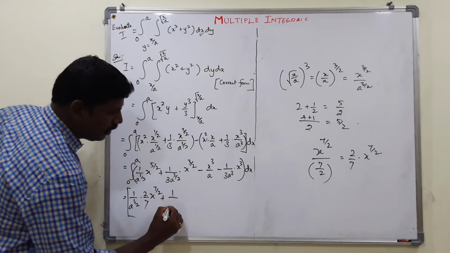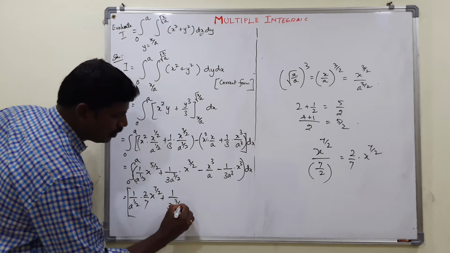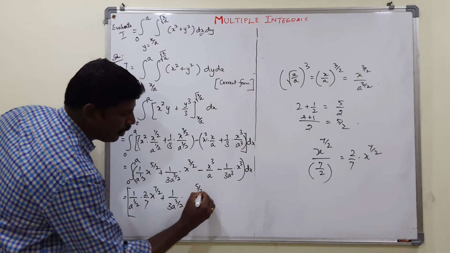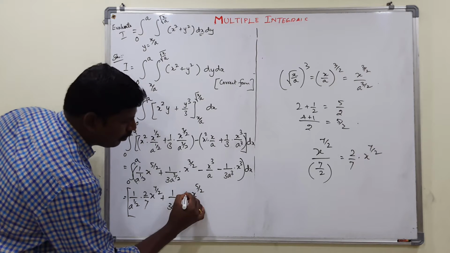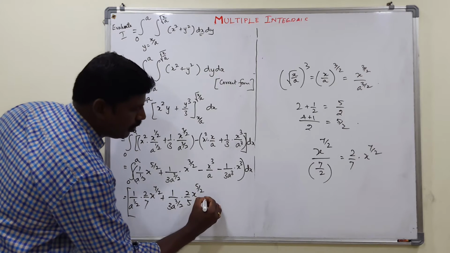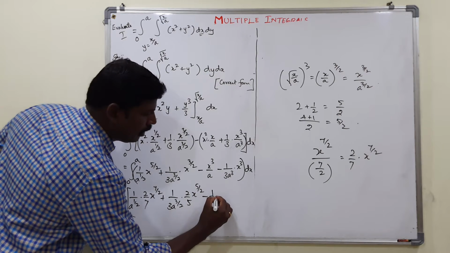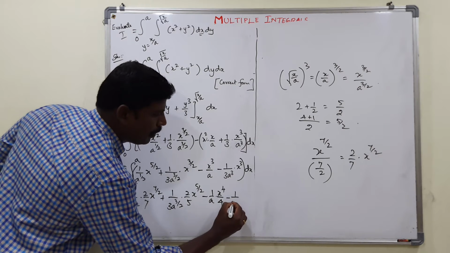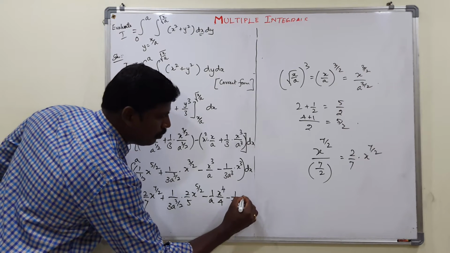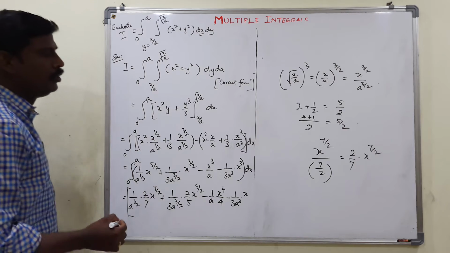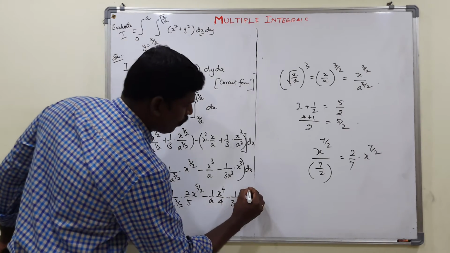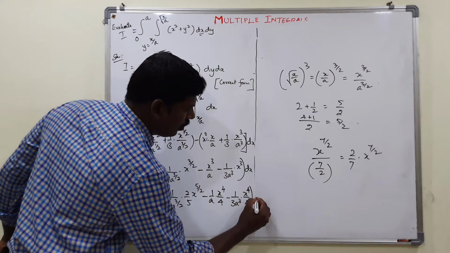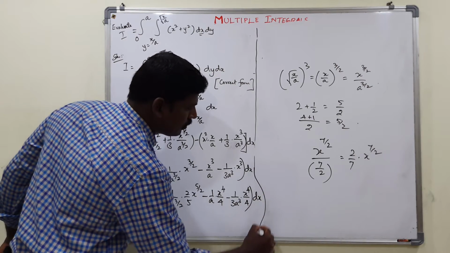Plus 1 by 3 a power 3 by 2 into x to the power 5 by 2 by 5 by 2, that can be written as 2 by 5, minus 1 by a into x power 4 by 4, minus 1 by 3 a cube into x power 4 by 4, into dx.